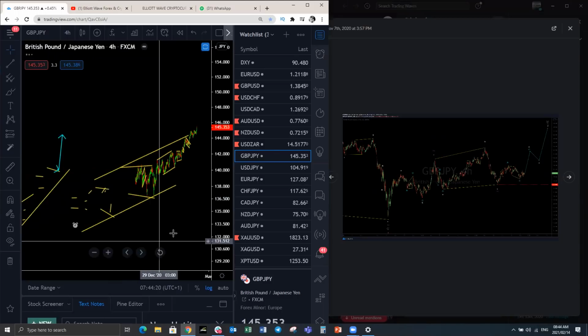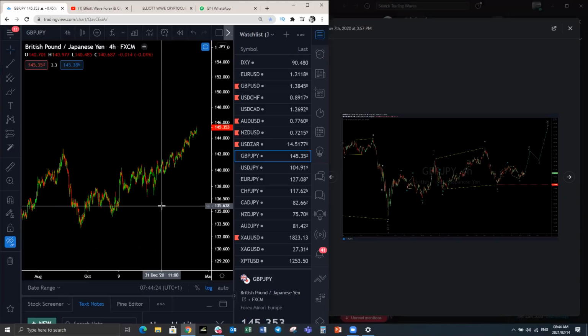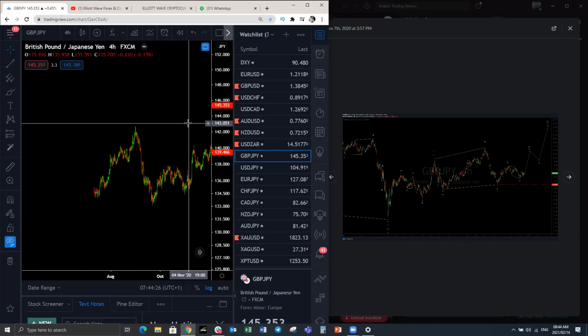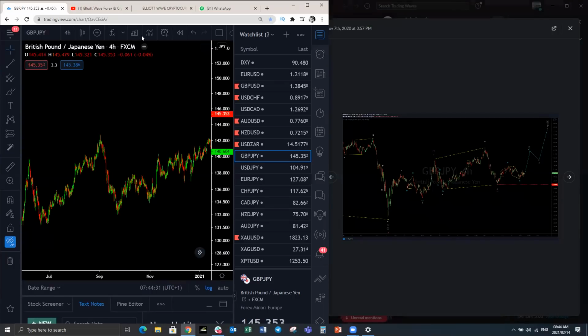Look at the left-hand side. I'm going to have to put it on the daily because you can't see the whole chart. Look at the bigger corrective structure here, this 1, 2, 3 structure. From there, we were here at this level, 1, 2. We were looking for this to make a 3-wave structure to the upside.